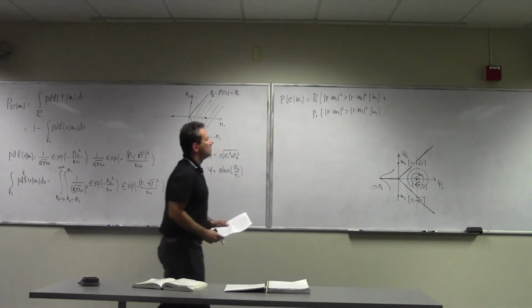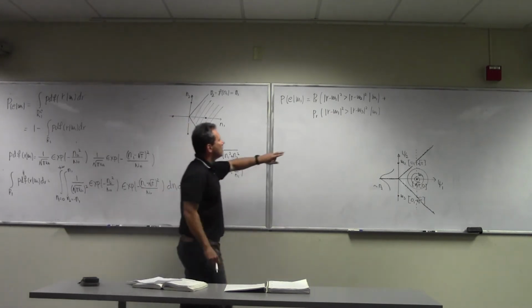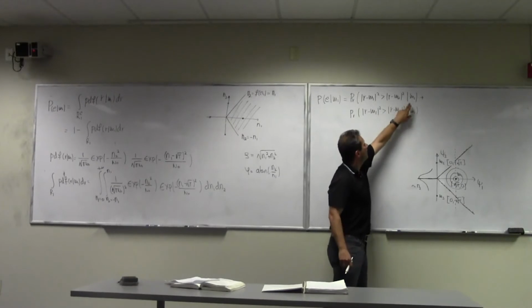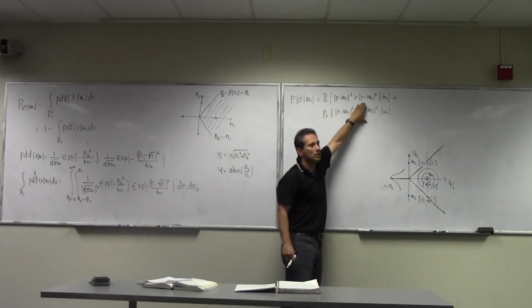So here's the reasoning. He's saying, when do I make mistakes? I send M1 and the distance to M2 is smaller than the distance to M1.